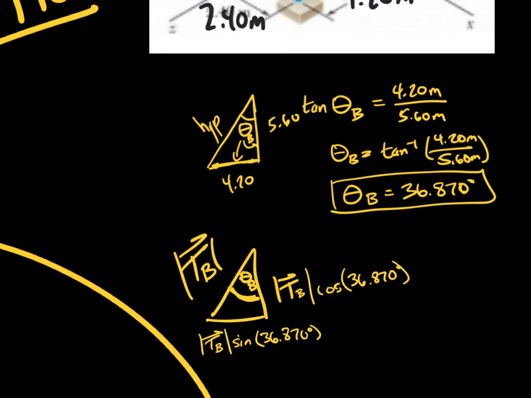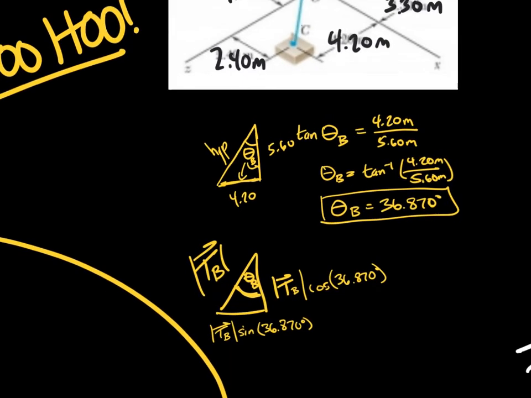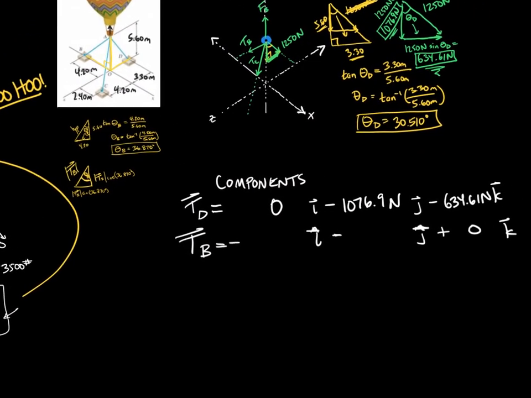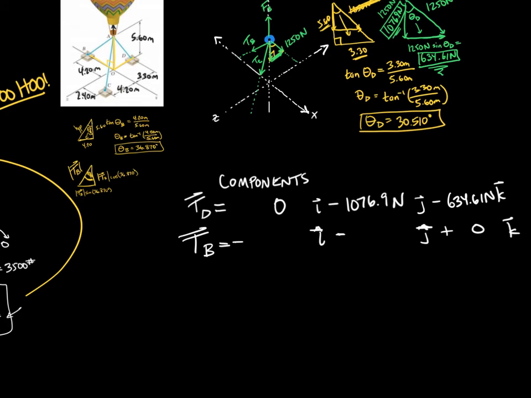Those are our two sides. These are going to go over into our big, nasty equation over here. And so we'll say in the J direction, we've got this cosine of 36.870 degrees.